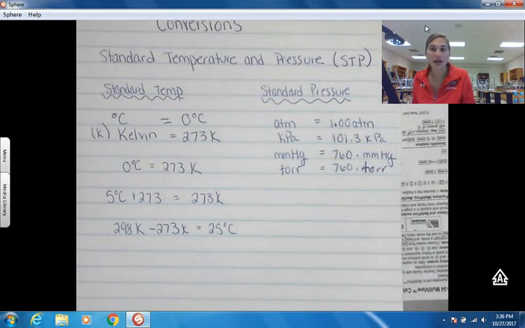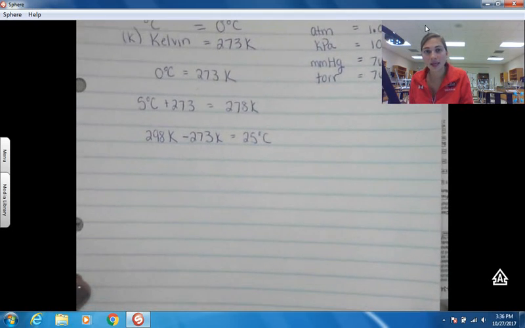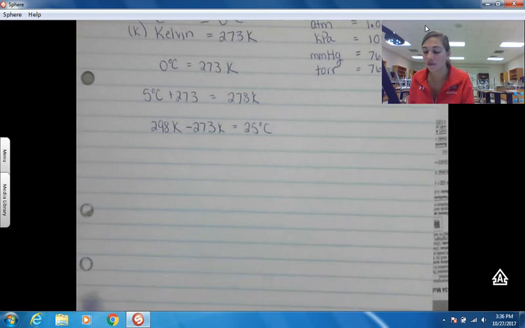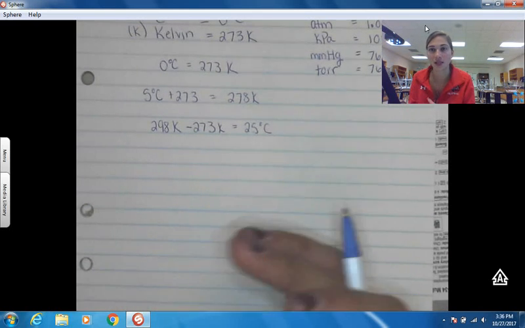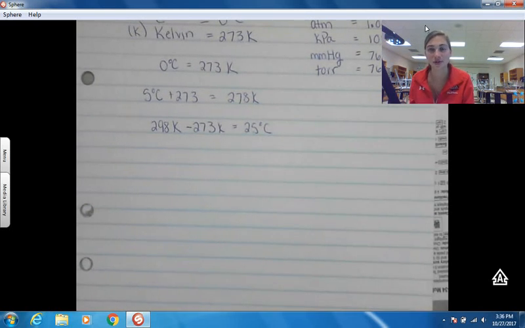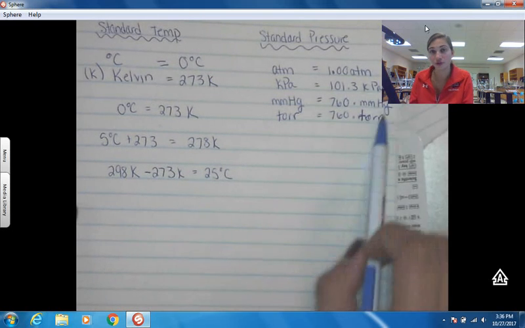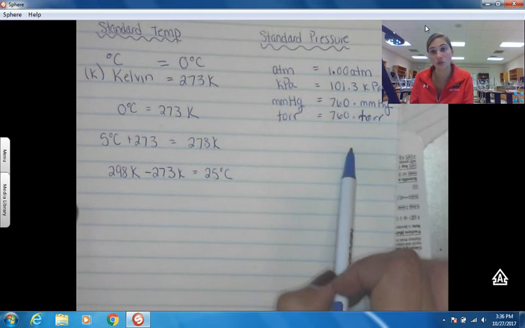So let's see how this would work. If in a problem I give you a unit of pressure in kilopascals, but then ask you to solve for something in atmospheres, we have to know how to do that, and that's using our different standard pressures, because these are all equal to one another.